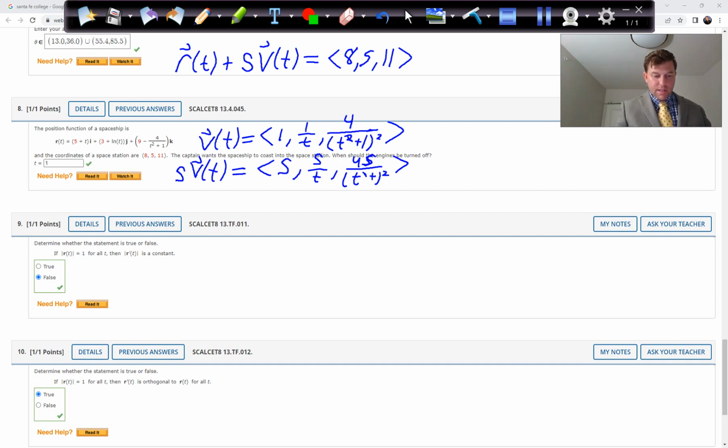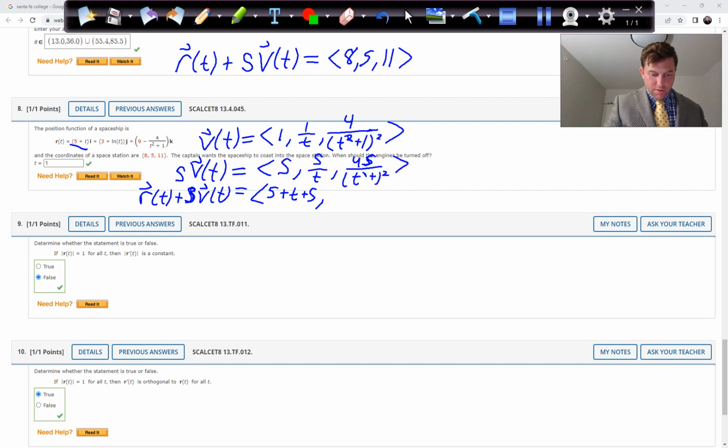Now we're adding that to the original position vector. So now we're saying add r to each of these. I'm kind of building this solution as I go. So this is going to be r, which was 5 plus t, so it's going to be 5 plus t plus s.